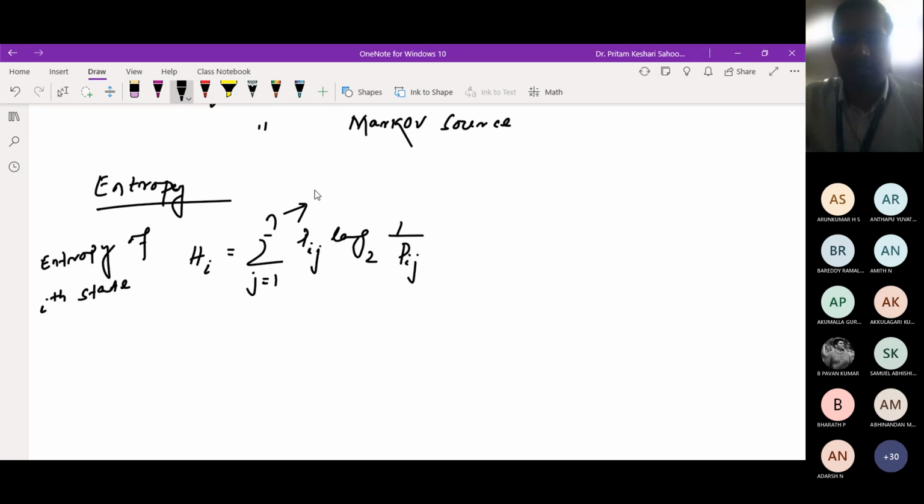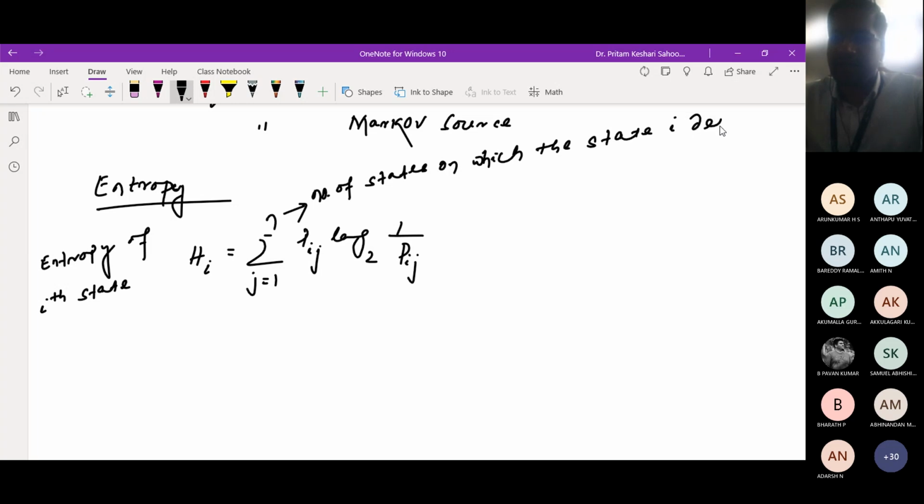Small n represents the number of states on which the state I depends on.